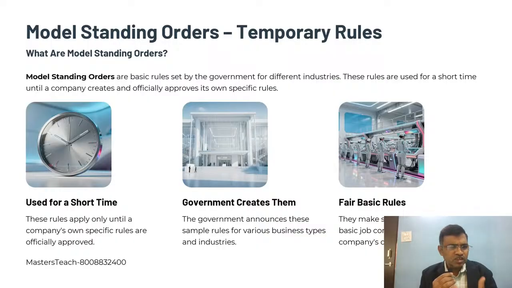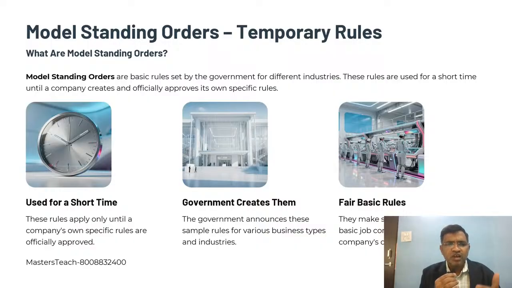These are basic rules set by the government for different industries. These rules are used for a short time until the company creates its own standing orders, which should be officially approved.